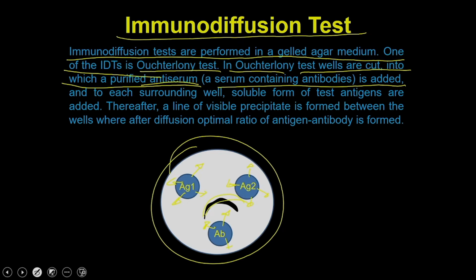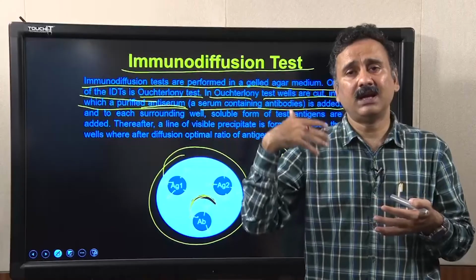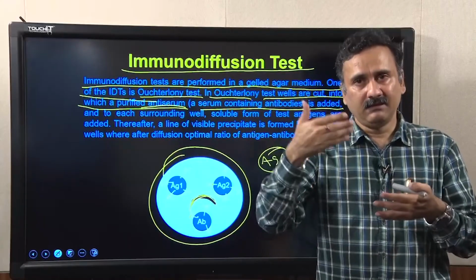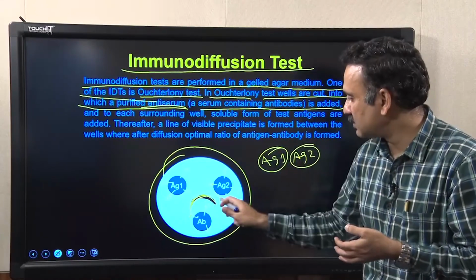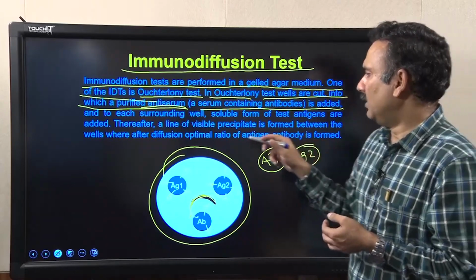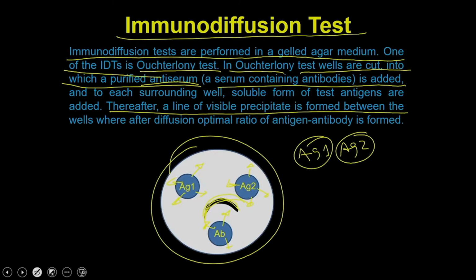In this particular case, antigen 1 and antigen 2 form a continuous precipitate, which means antigen 1 and antigen 2 are identical to each other. That is why they show a visible, continuous precipitate next to the antibodies. A line of visible precipitate is formed between the wells, where after diffusion the optimal ratio of antigen and antibody is reached.